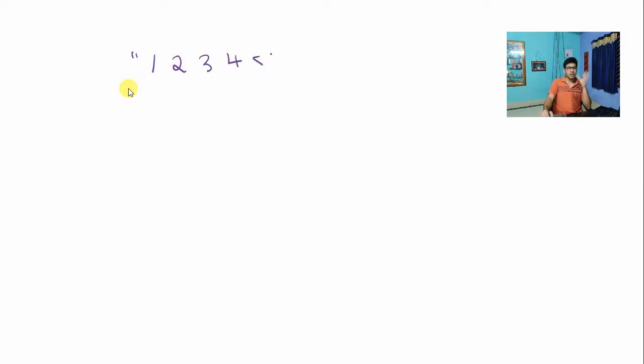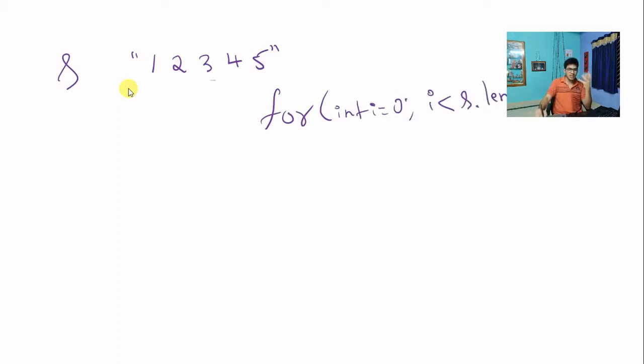Imagine that this is my string. So I'll write a for loop like this. This is my string s. For int i, I should start from 0. i should be less than s.length, i++.